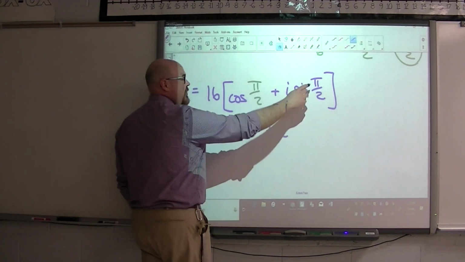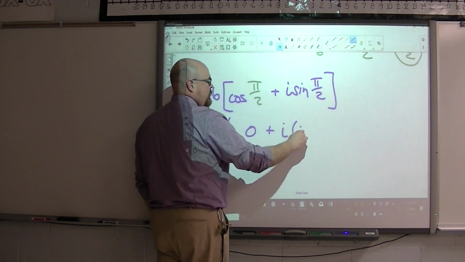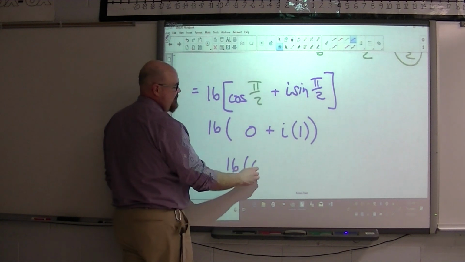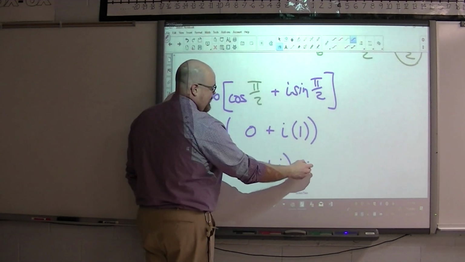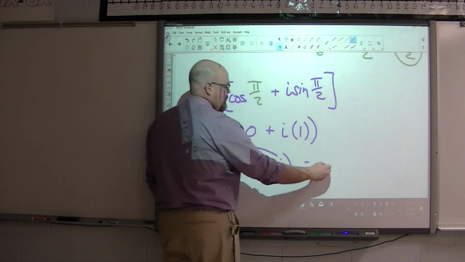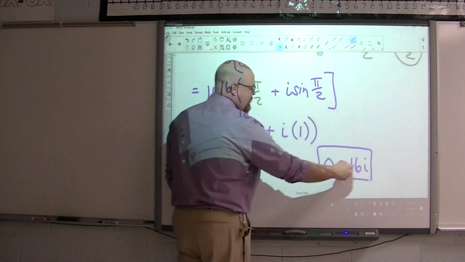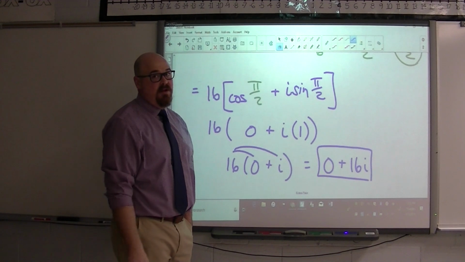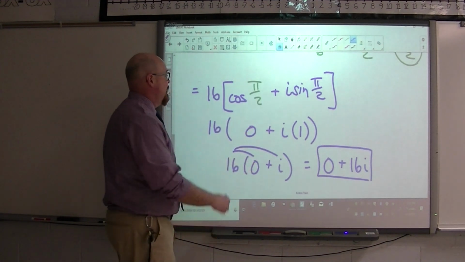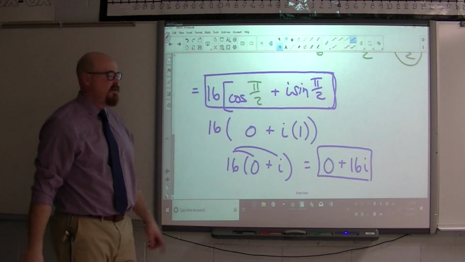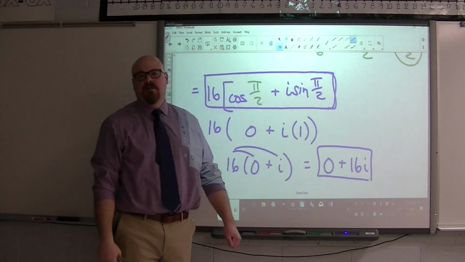The sine at pi over 2 is the y-coordinate at pi over 2, which is 1. So we end up with 16 times 0 plus i, which is 0 plus 16i. So here is our standard form of that complex number. We get that by calculating the polar form. So here's our polar form product. Here's our standard form product. Okay?